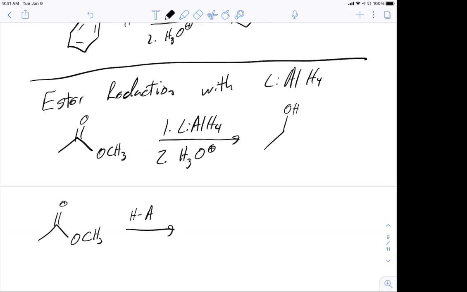So let's look at the mechanism. Similar, the first step is the nucleophile, the hydride. The nucleophile attacks the carbonyl.